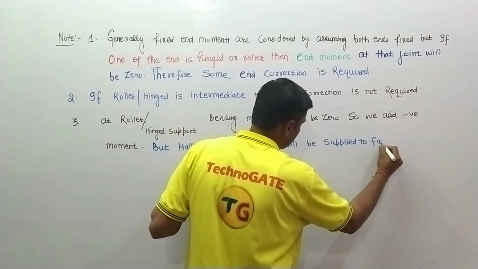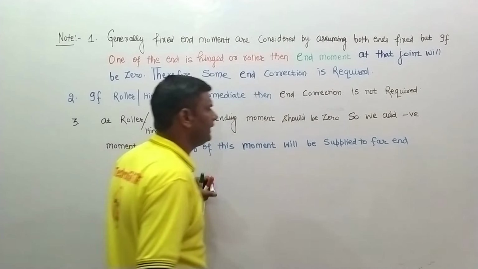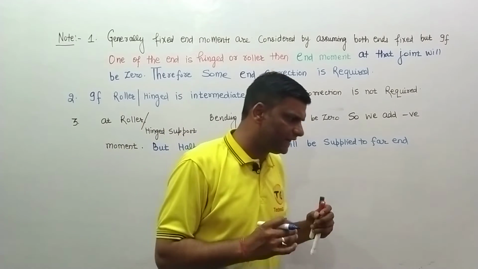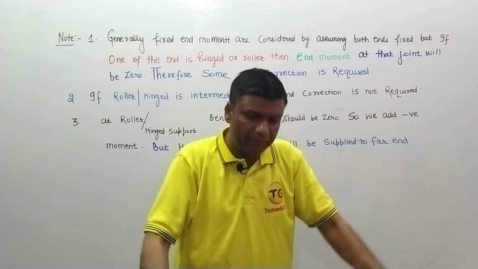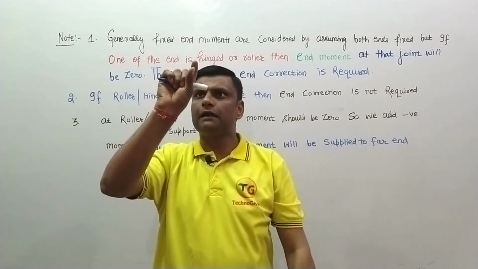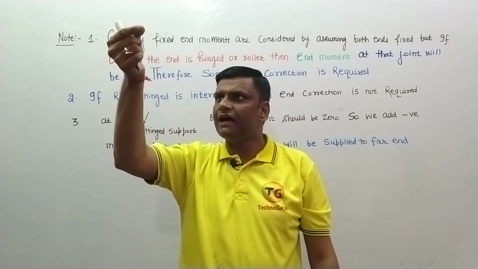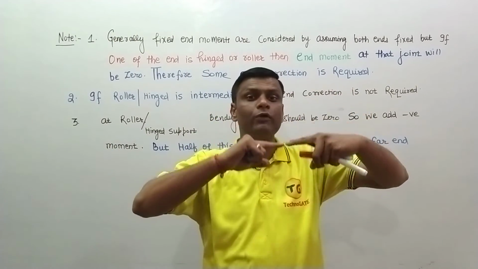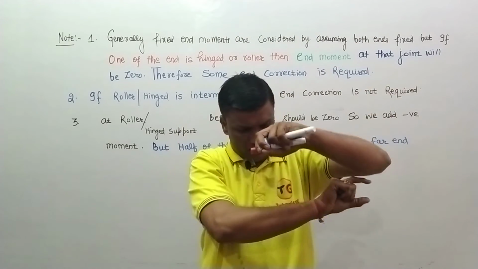For example, if I had applied a negative moment here, then I have to transfer half of this moment to the far end and add it to the previous value to get the final values.